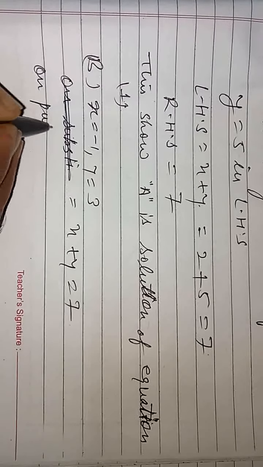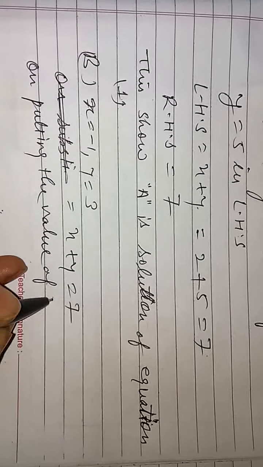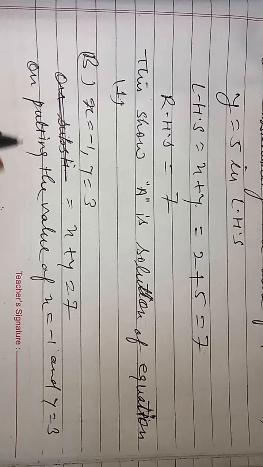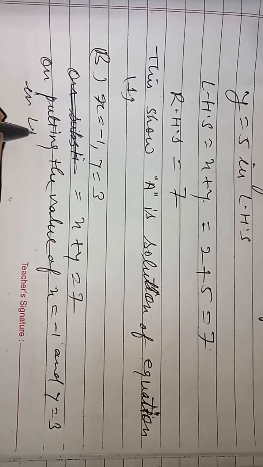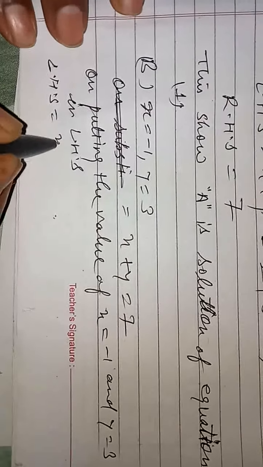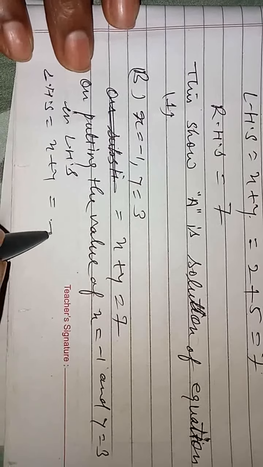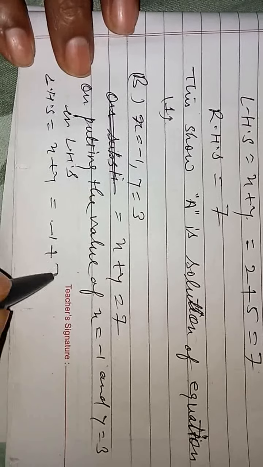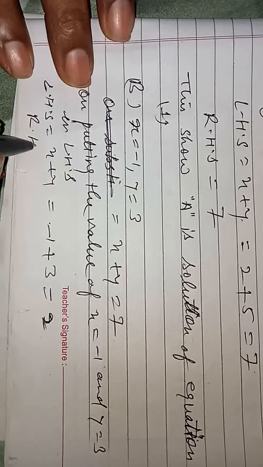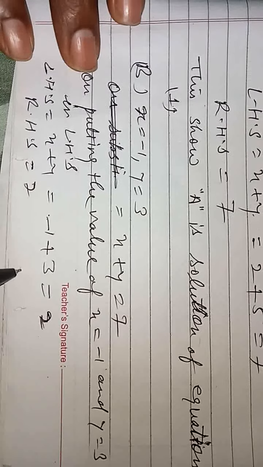On putting the value of x equal to -1 and y equal to 3 in LHS equal to x plus y. So at the place of x we put -1 and at the place of y we put 3. You will get 2, but RHS is given 7.